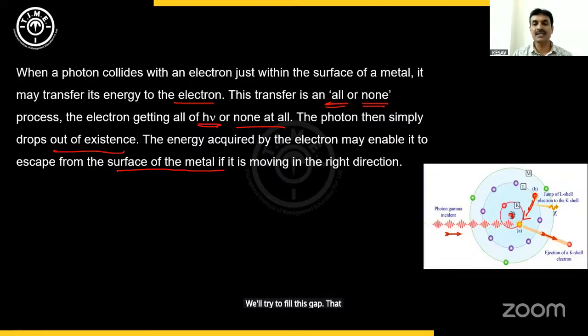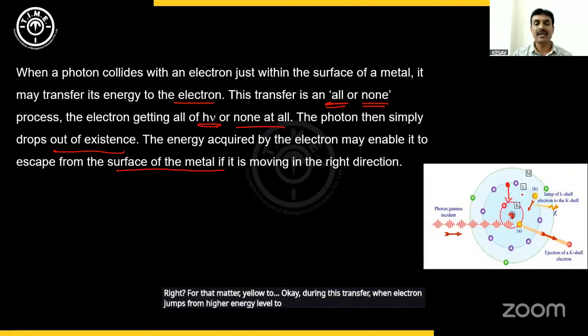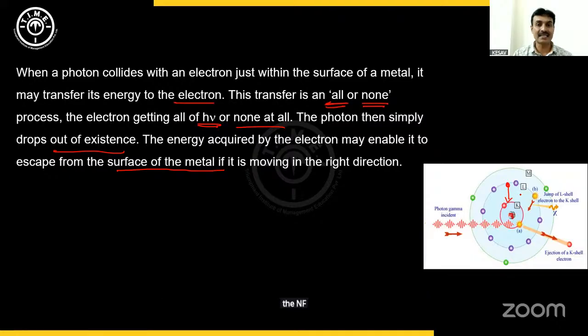That means the electron is jumping from the next higher energy level to this lower energy level, for that matter, L to K. During this transfer, when an electron jumps from a higher energy level to a lower energy level, the energy is released, isn't it? So that may lead to the emission of an X-ray. Based on the energy difference, that X-ray wavelength depends. So there is a possibility for the emission of the X-ray even.